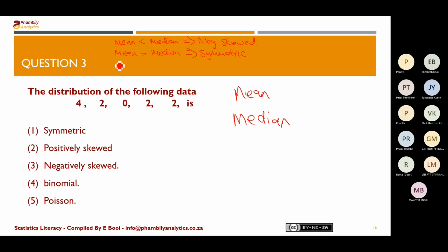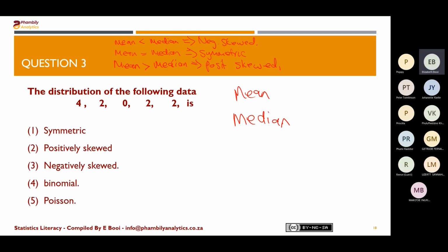I'm always going to use the mean. If the mean is greater than the median, we say it is positively skewed. So those are the things that you need to remember when you're looking at your data.